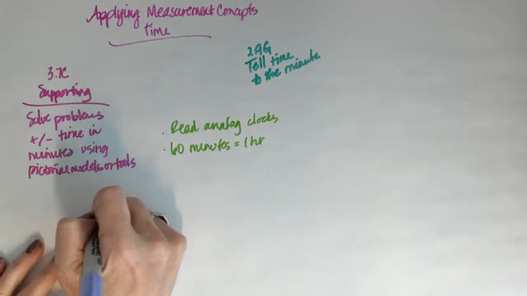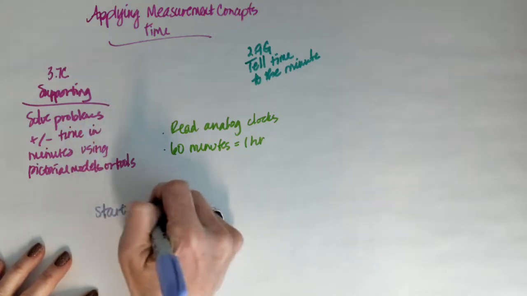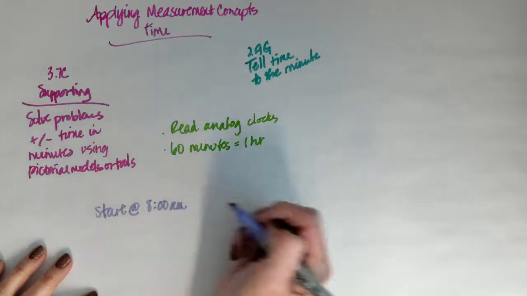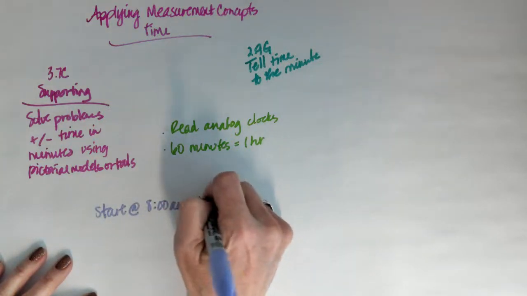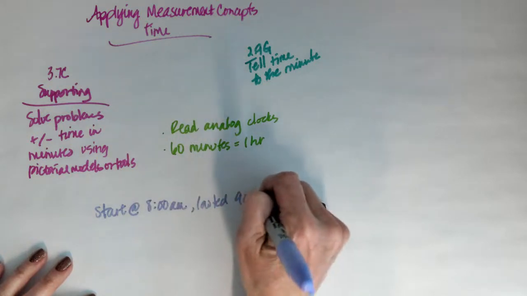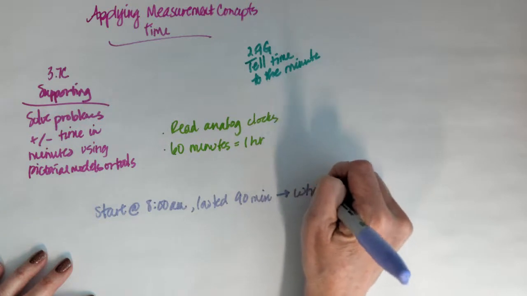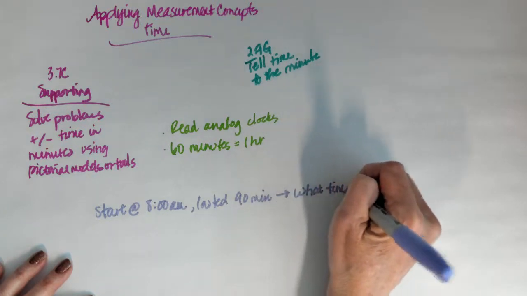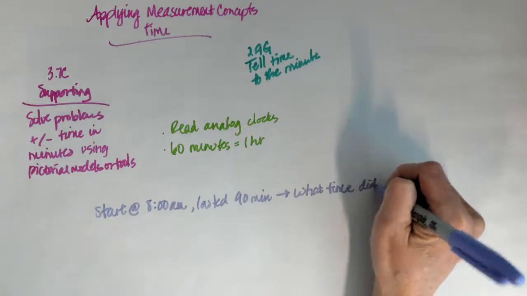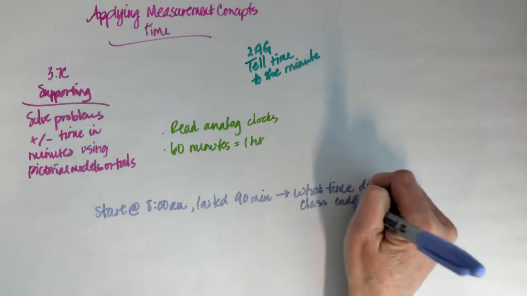We could be given a start time, so we'll say school started, or math class started at 8 a.m. It lasted for 90 minutes. And then the question would say, what time did it end? Okay, that's one way we could see in third grade.